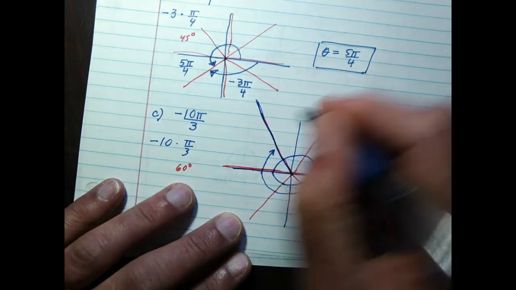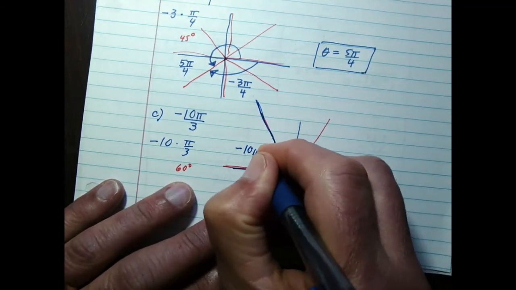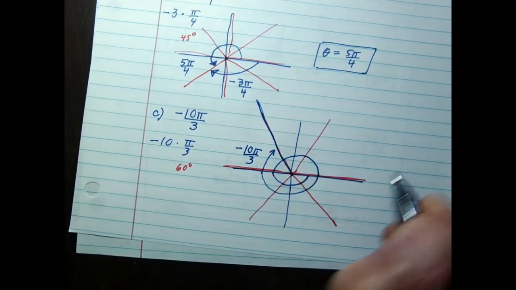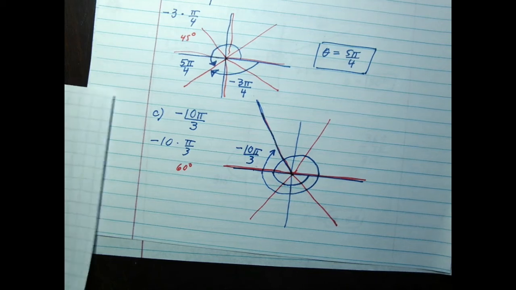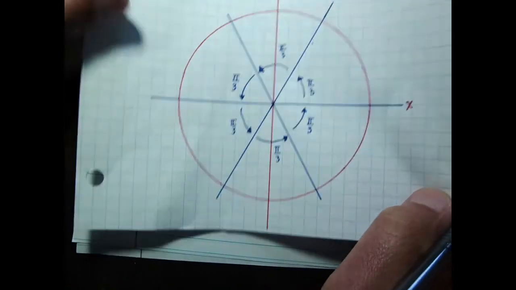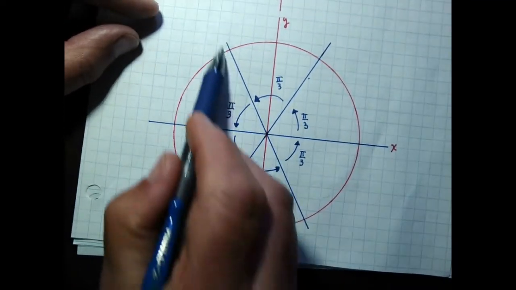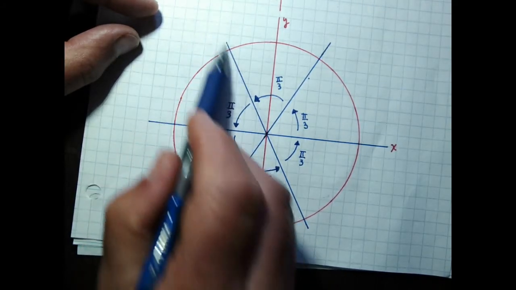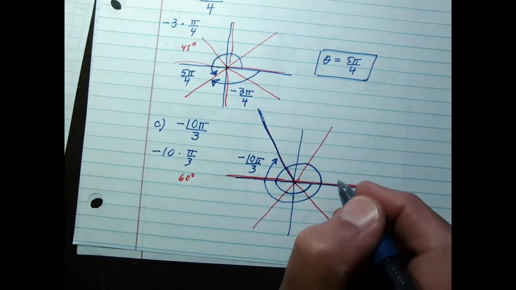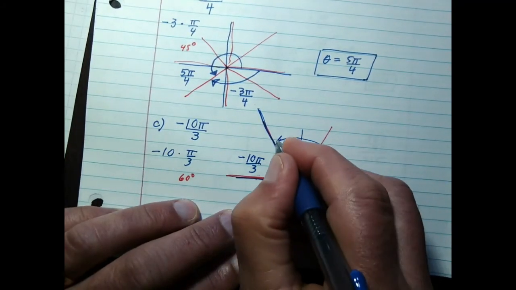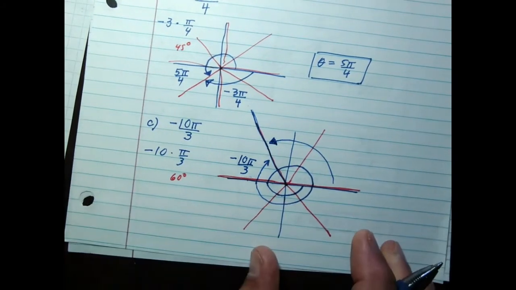Okay. Where are my pi over 3 multiples? So on my pi over 3 multiple picture, we're on this terminal side here. And so the angle we want going in the positive direction is that one.